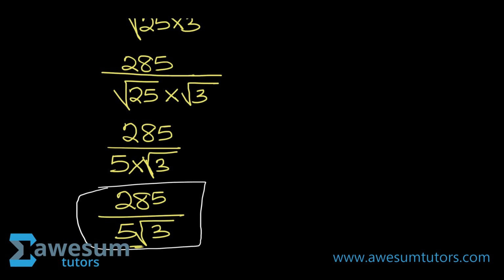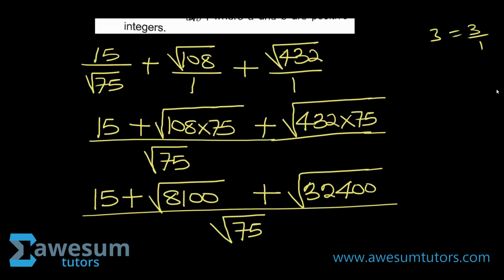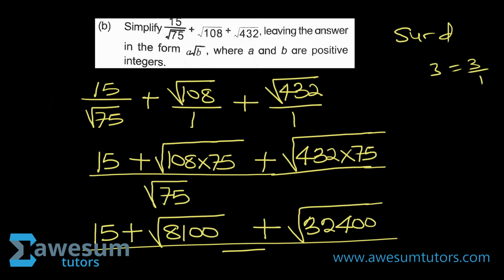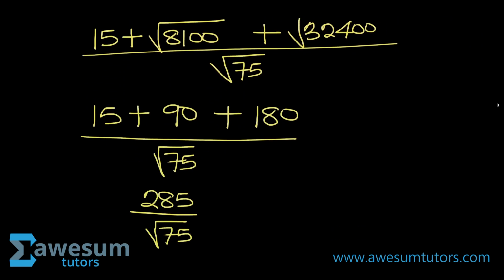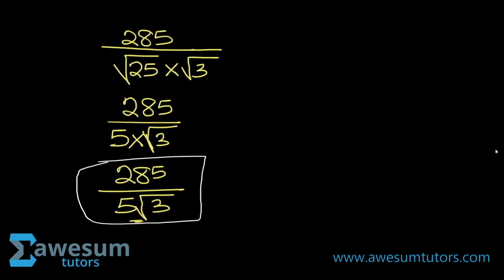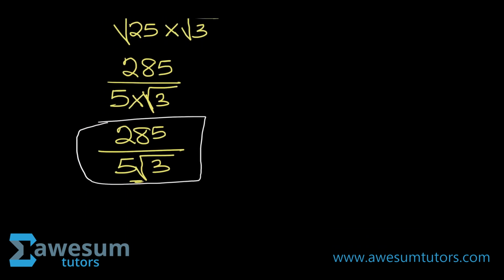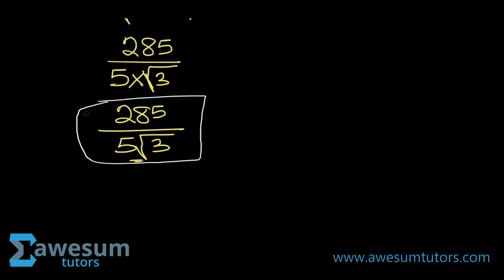Because if you take a look at the question, it says leave the answer in this form, a root b, where a and b are positive integers, right? So now, remember that you don't want to leave your answer to have a denominator in the root form.